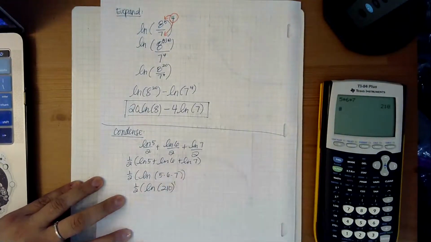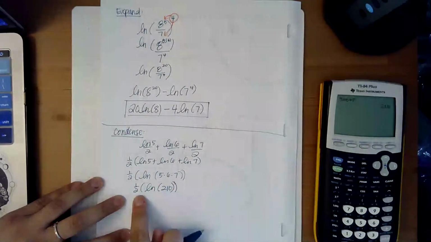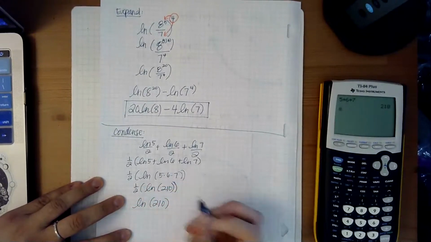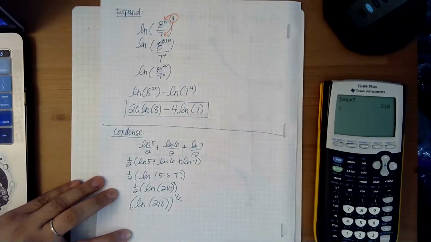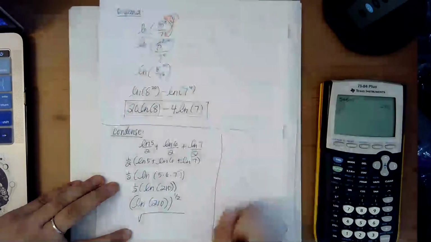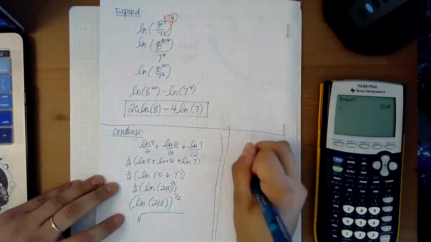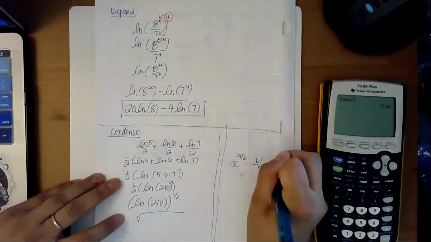And then here we are. So now this, I'm going to use the rule again, power to coefficient, which means I have ln of 210, but it's to the half power. Now remember, half power is square root. Remember this rule. The rule says x to the a over b is equal to this rule right here.